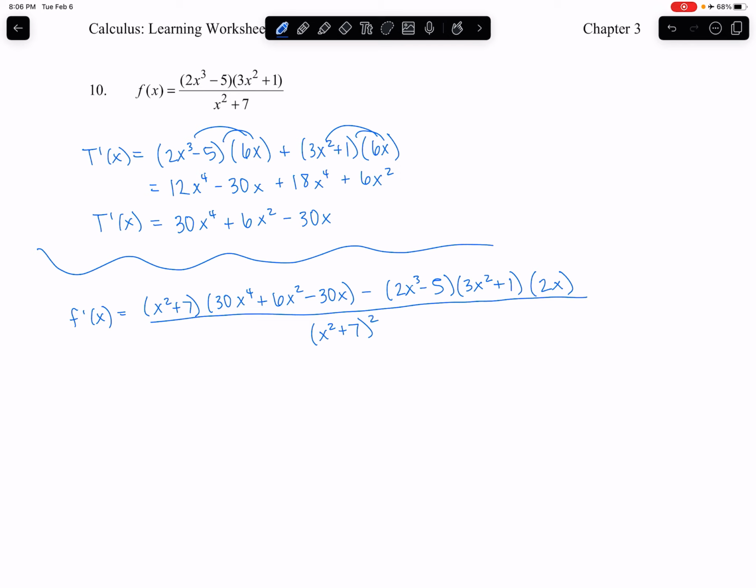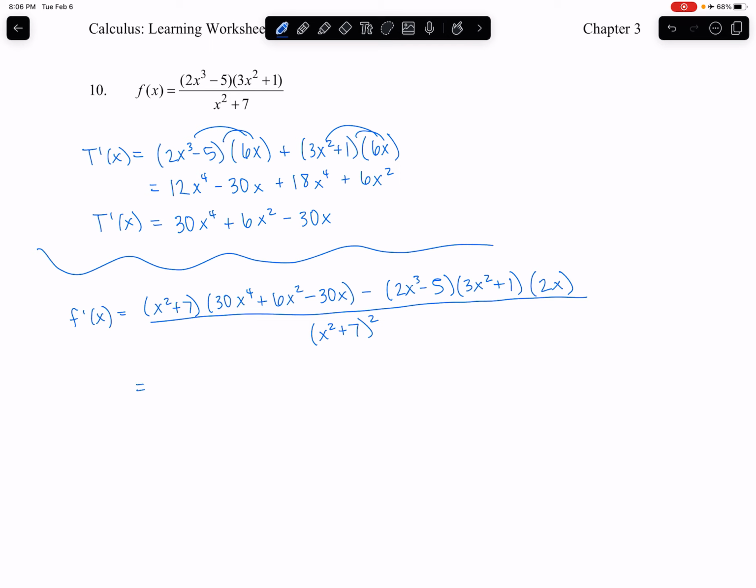Okay, let's do a really big FOIL all over. The first term, we will have to FOIL a 2 by 3. In the second term, we'll need to do a FOIL and then multiply it by 2x.